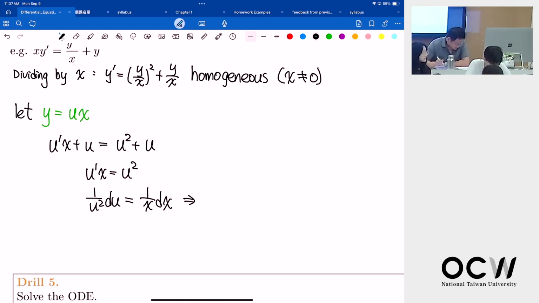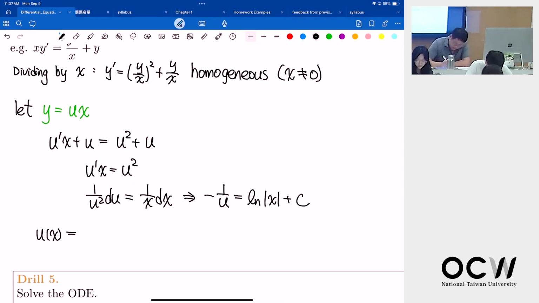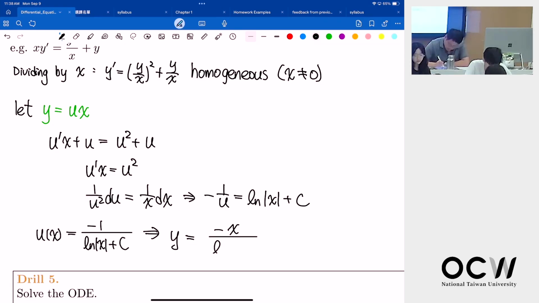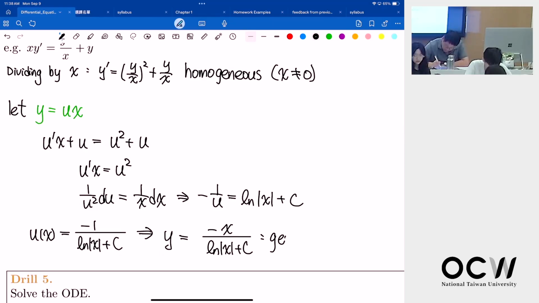And then you take the integration. Minus 1 over u will be natural log x plus constant c. So we know that u is minus 1 over natural log x plus c. And your solution, y is ux, so minus x over natural log x plus c. That is your general solution.